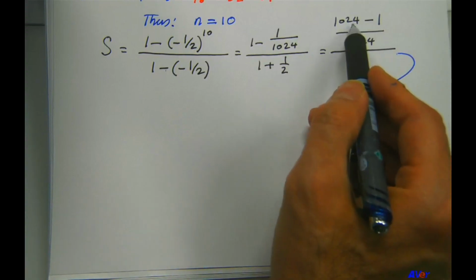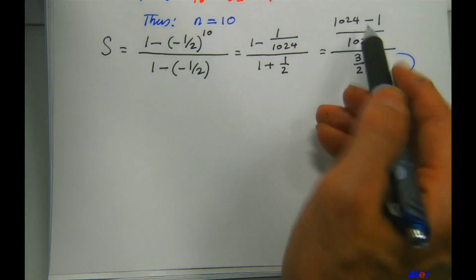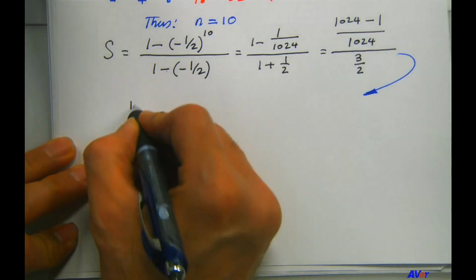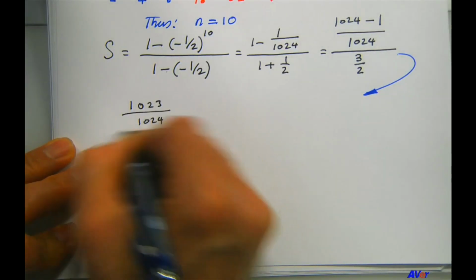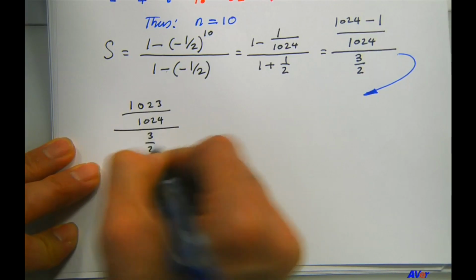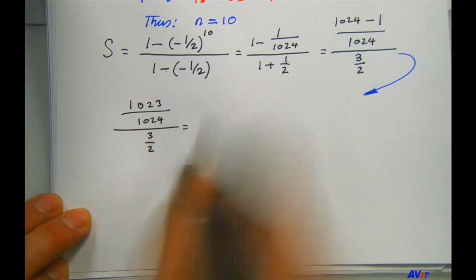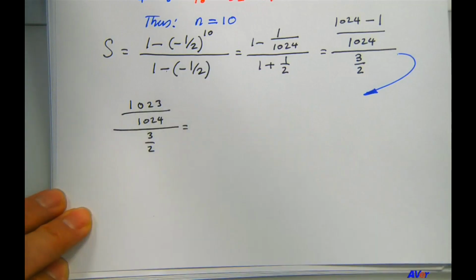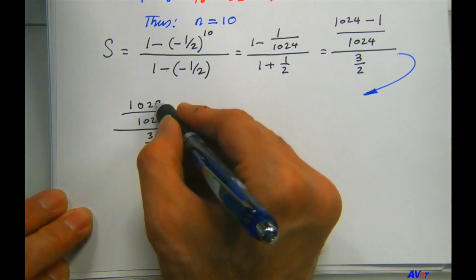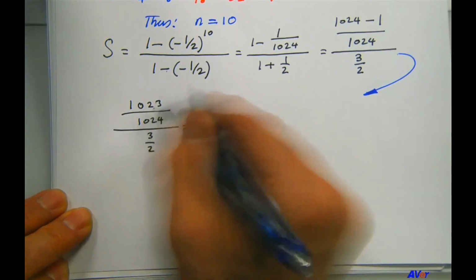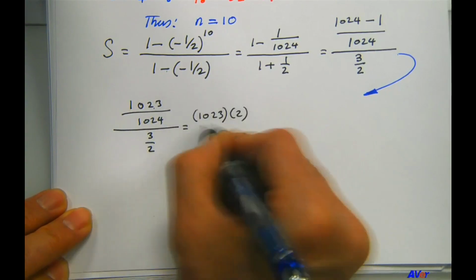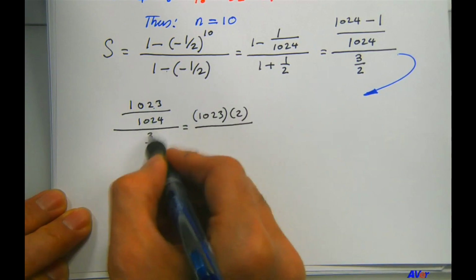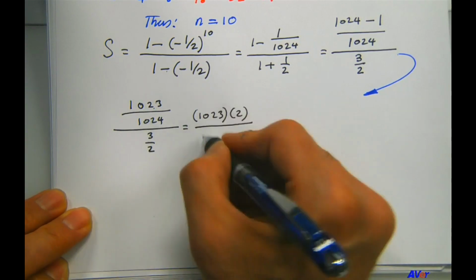So that's 1023, right? So we have 1023 over 1024 divided by 3/2. So we know how to simplify complex fractions, right? Take the product of the farthest terms, put them in the numerator, like that. Take the product of the nearest terms and put them in the denominator.